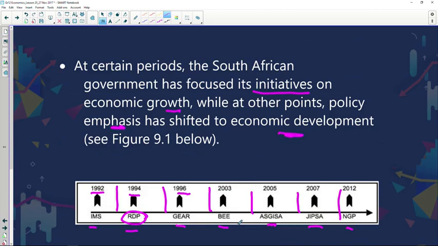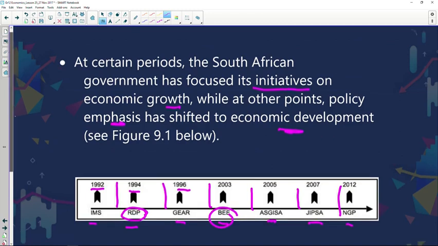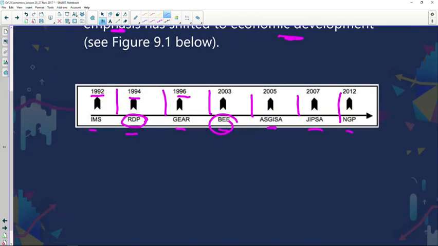When they were looking at the BEE, there was a level of economic growth that they wanted to increase by using the redistribution policies in order to achieve this. So it depends on the time frame and the objectives that the government wants to achieve. And then they will use those in order to carry out their mandate of economic growth and development as well.